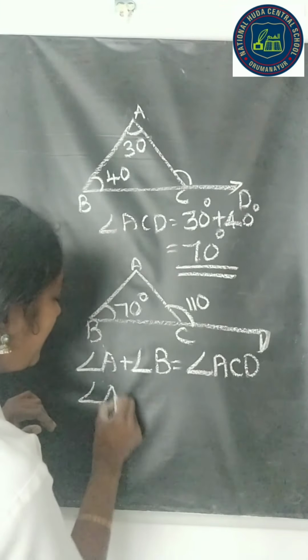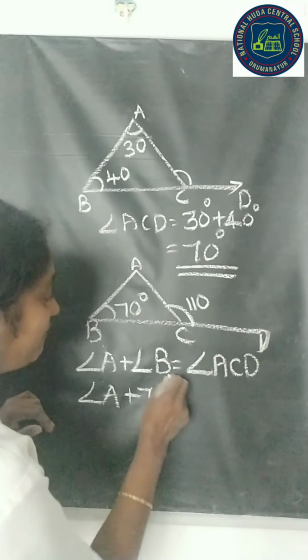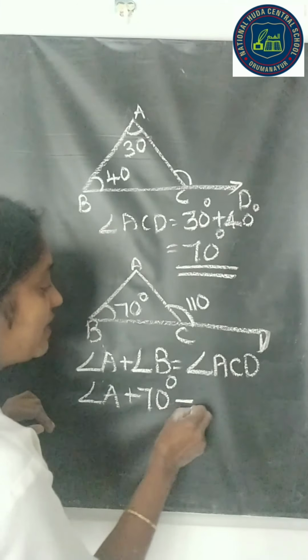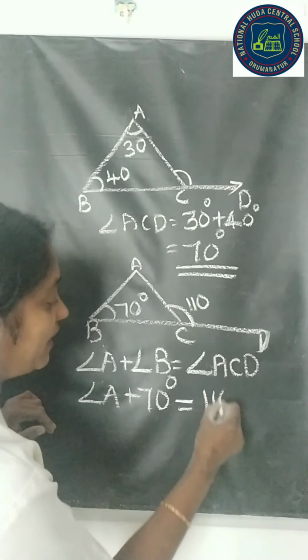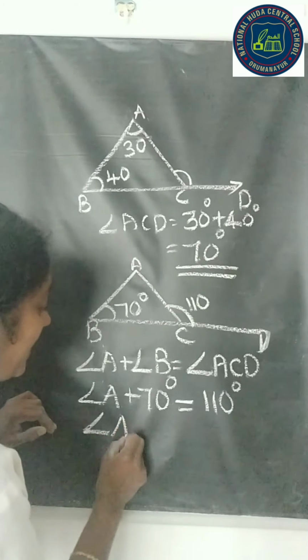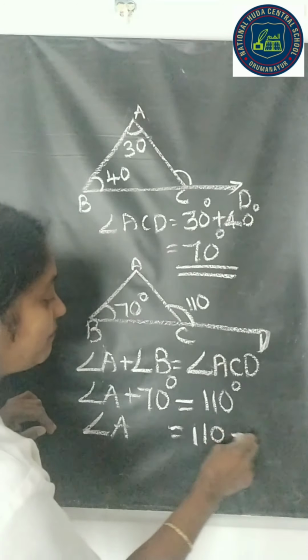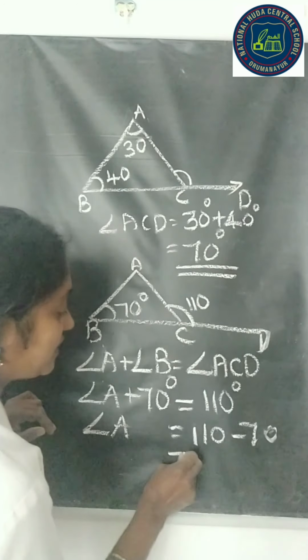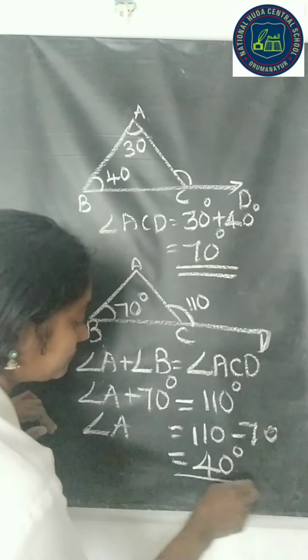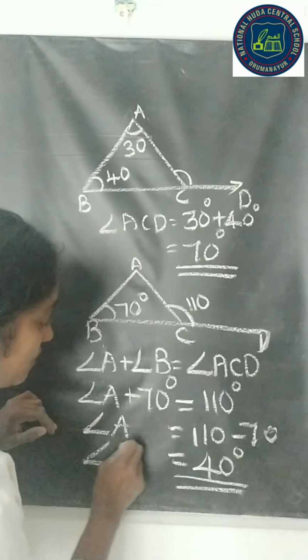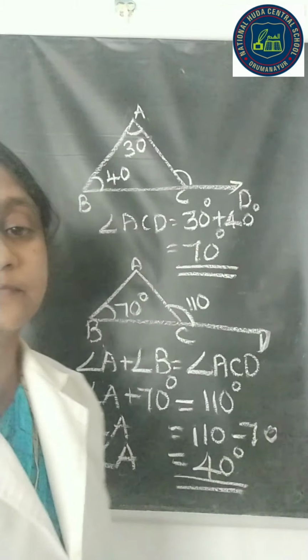Therefore, angle A plus 70 degrees, we can substitute the value for angle B, is equal to the measure of angle ACD, which is 110 degrees. Therefore, angle A is equal to 110 minus 70. That's equal to 40 degrees.